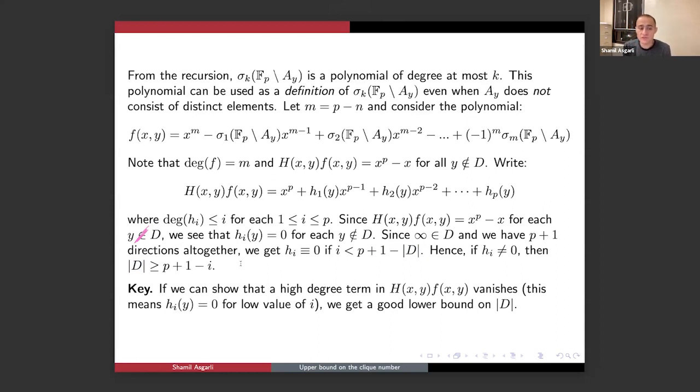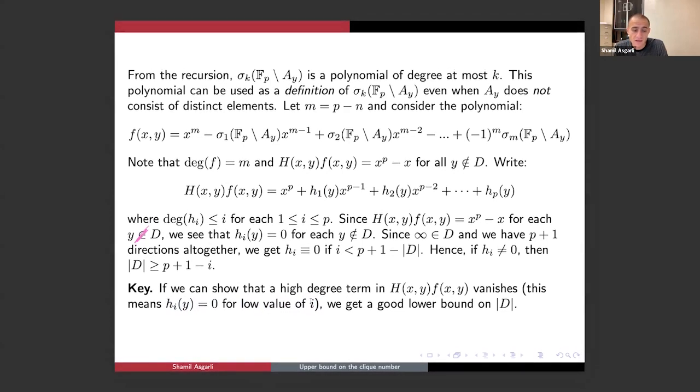This observation shows that if you want to get a good lower bound on the set of directions, then you need to find a high degree term here, a high degree term meaning one of these terms, that's 0. Why? Well, if you can show that a high degree term here vanishes, then that means that h_i is 0 for some low value of i. But if that's the case, then we get a very good lower bound on D.